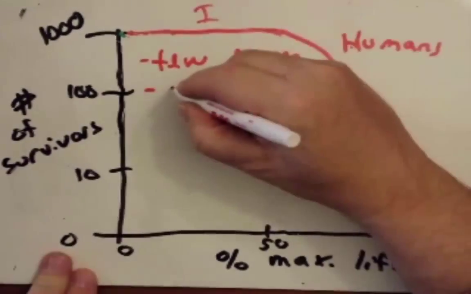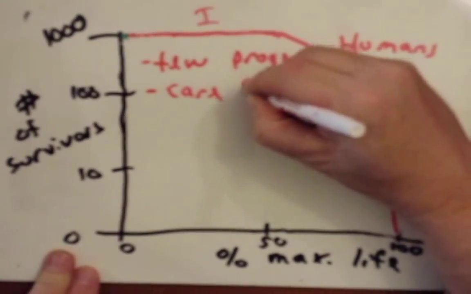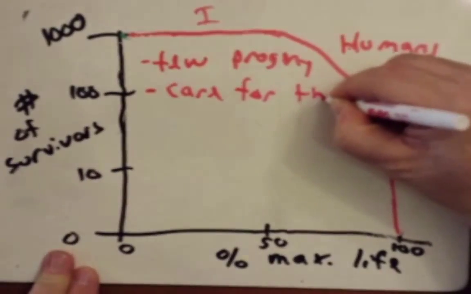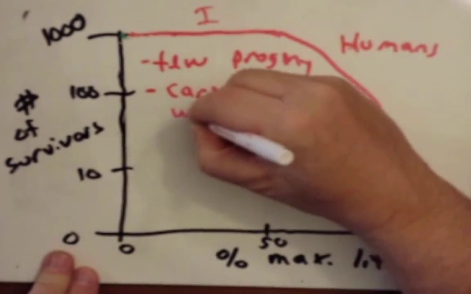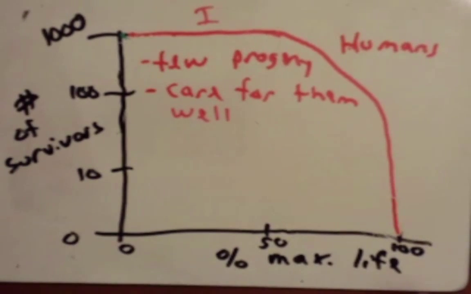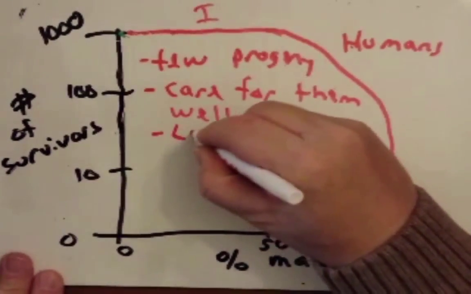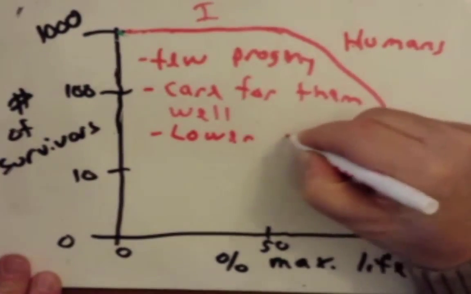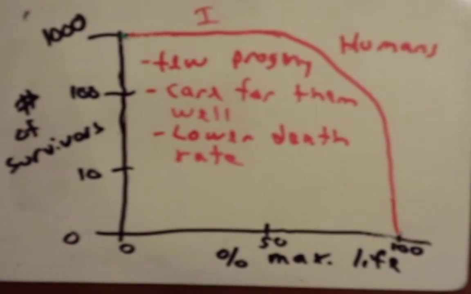Few progeny. They care for them well. Some animals will produce a child, and then that progeny is off on their own within the next day. And we'll also see a lower death rate, as is indicated by the curve. In addition to humans, many large mammals fit this category.